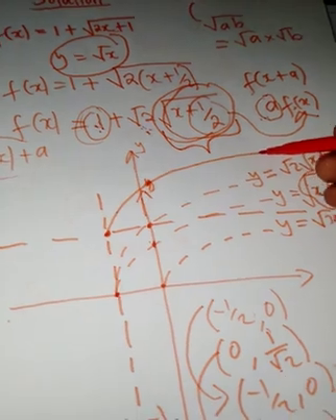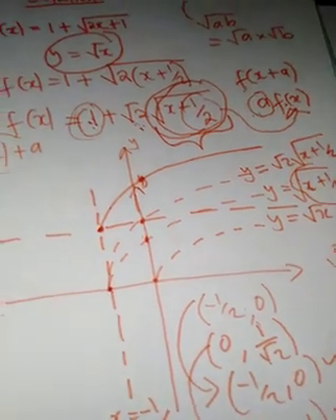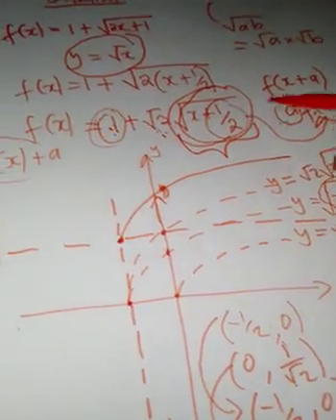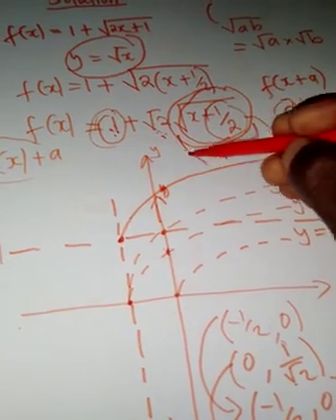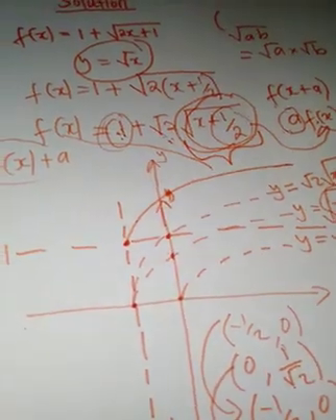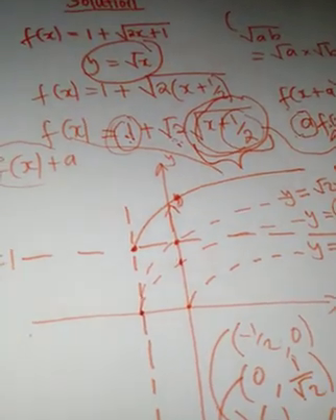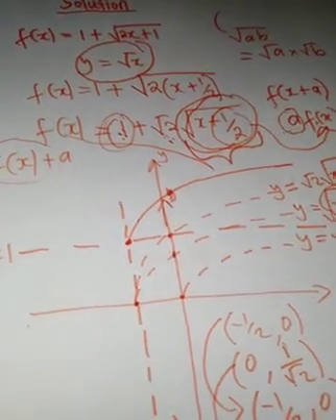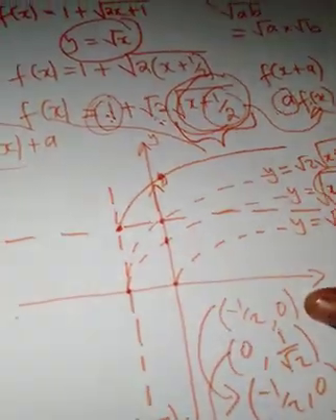So this is our final graph. As you can see, no wonder I've not used dotted line. Then we have to label that this is our f of x equals 1 plus root of 2x plus 1. That's it.